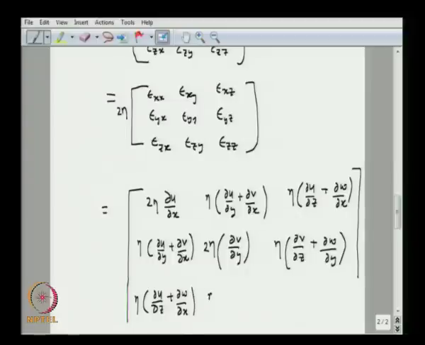This will be eta into del v over del z plus del w over del y, this will be 2 eta del w over del z.